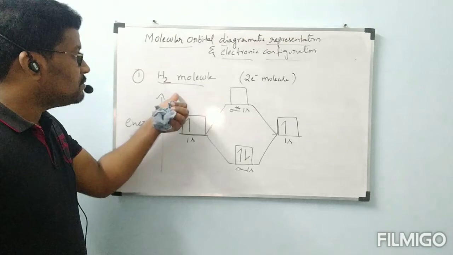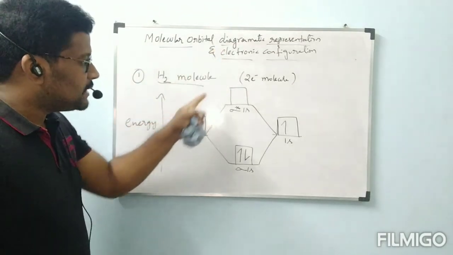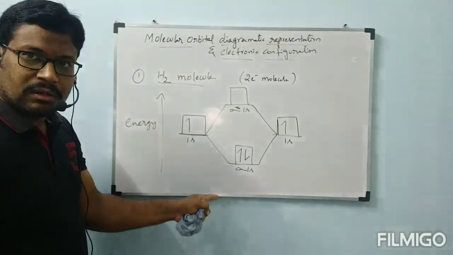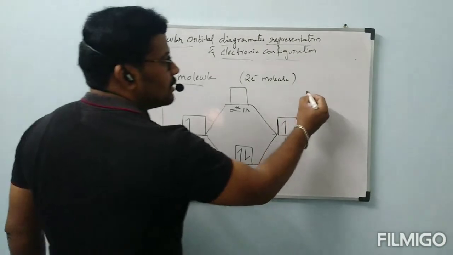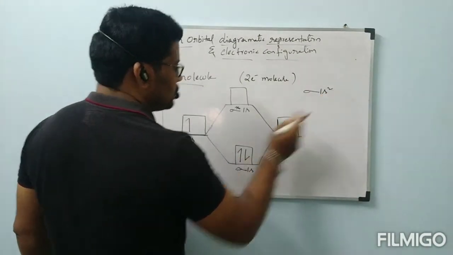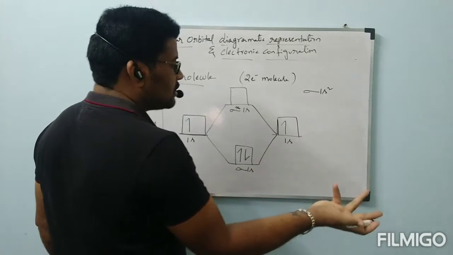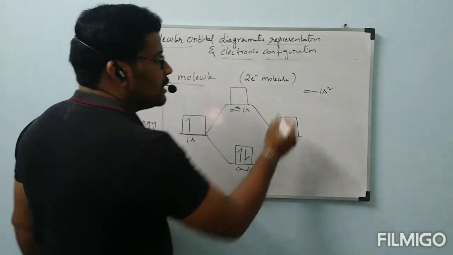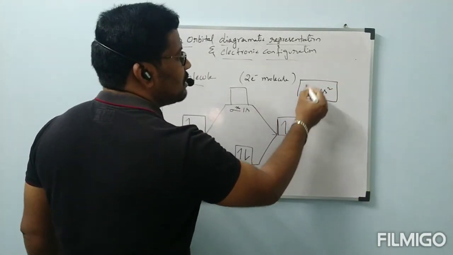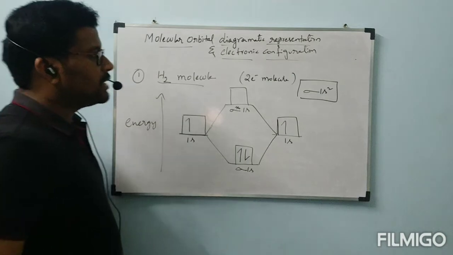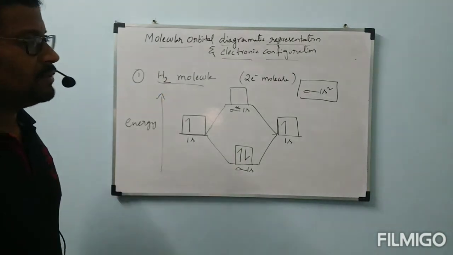Understood? H2 molecule, the molecular orbital diagrammatic representation is this one. Now the electronic configuration is sigma 1s2, sigma star 1s0, so no need to write it. This is the electronic configuration for the H2 molecule.